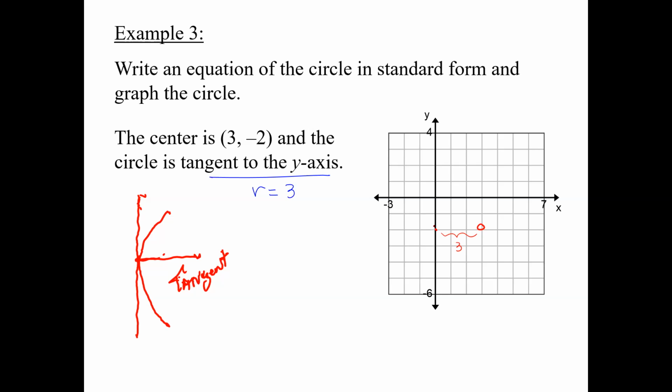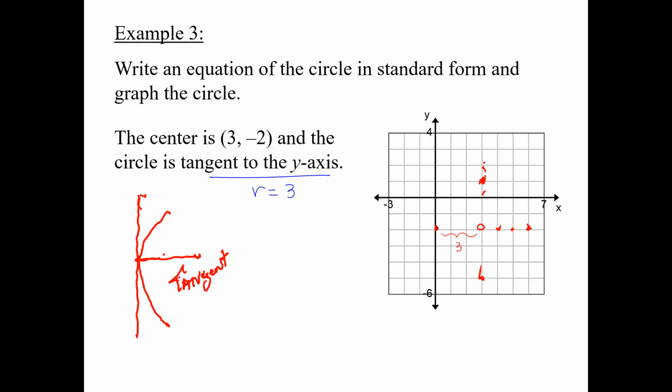So that means it's going to touch in this one point right there. Okay, so that means our radius has to be 3. So 1, 2, 3. We've got the 3 over here, and 1, 2, 3 down, and 1, 2, 3 up.